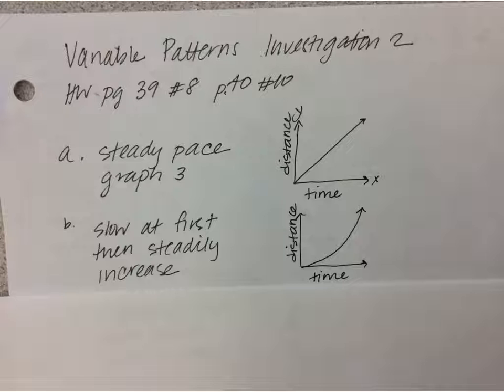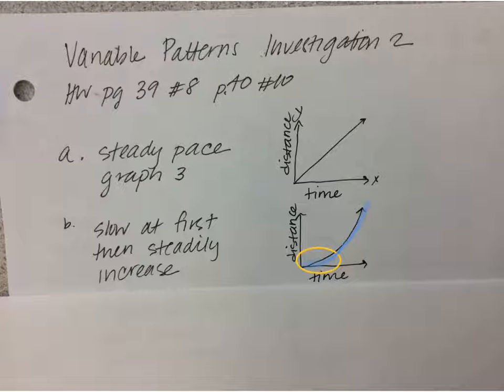I write for B a slow at first and then steadily increase. So this is going to allow me to indicate right here is where that slow start is happening. And then it increases as time goes on, the distance increases at a higher rate of change. So that's where this kind of scoop comes into play. It goes slow and then faster.